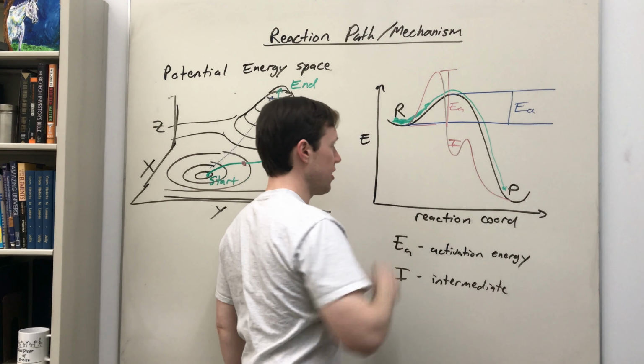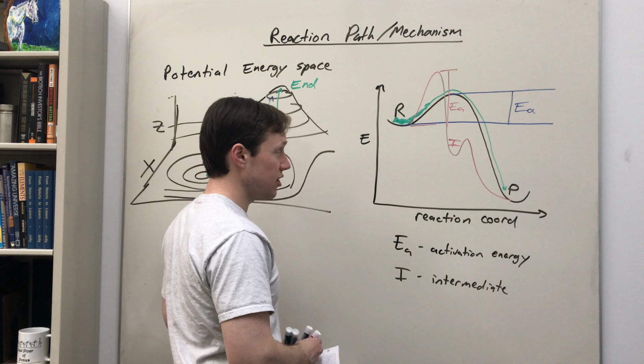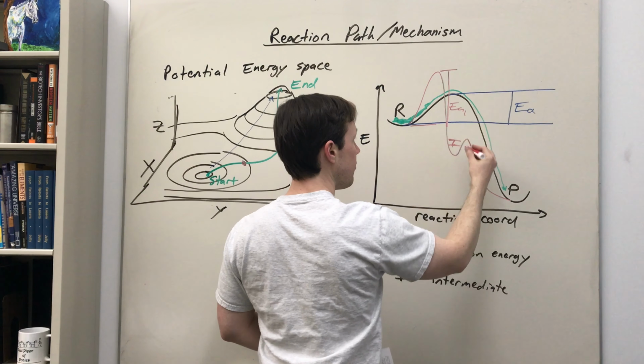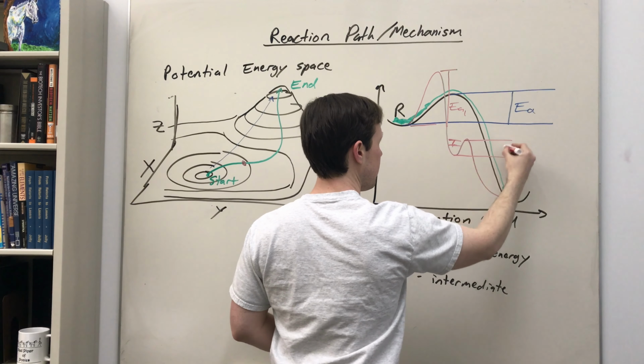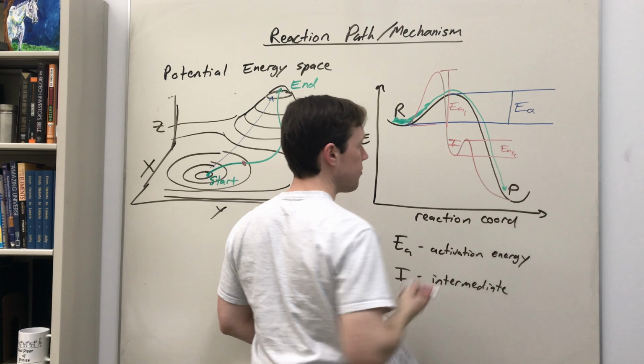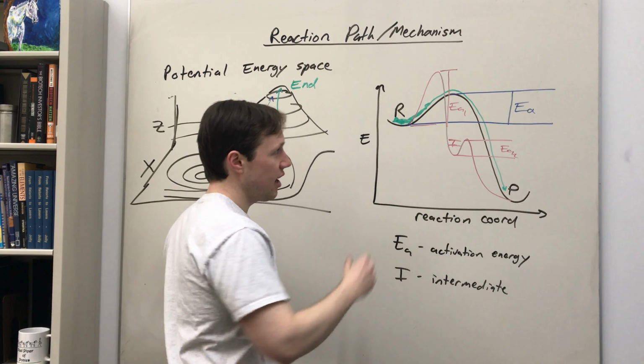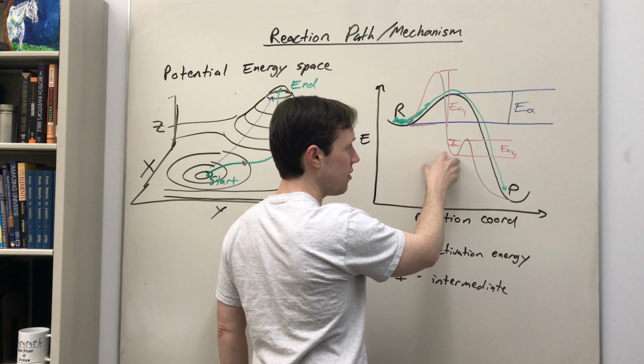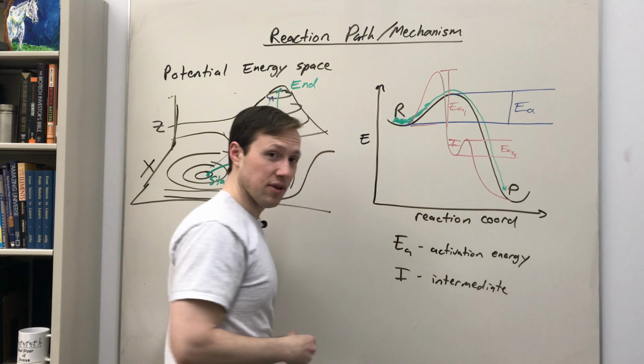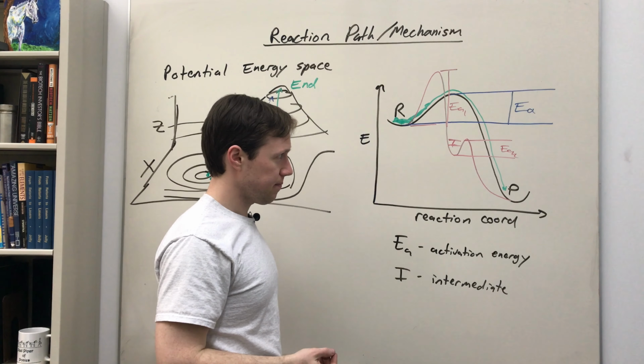For instance, in this case, the activation energy for this second step is quite small, and it's thus fairly easy for this intermediate to go down and become a product.